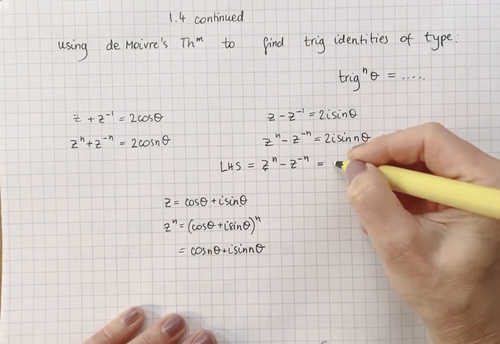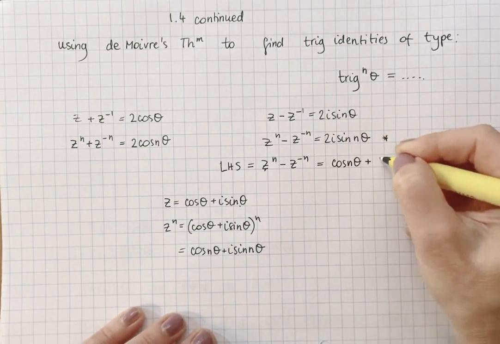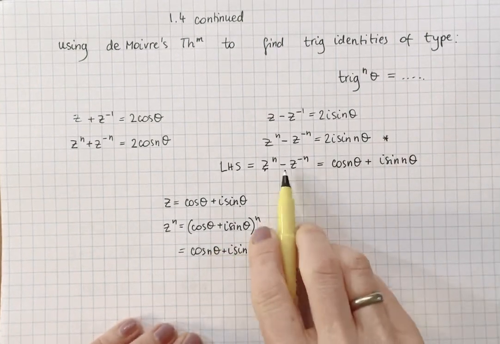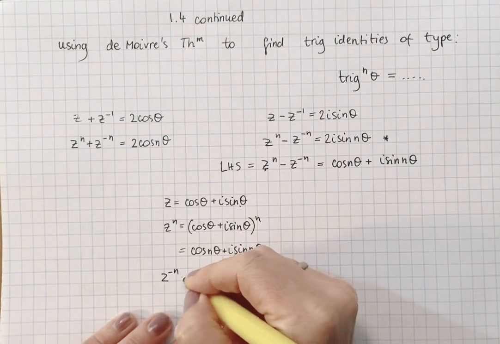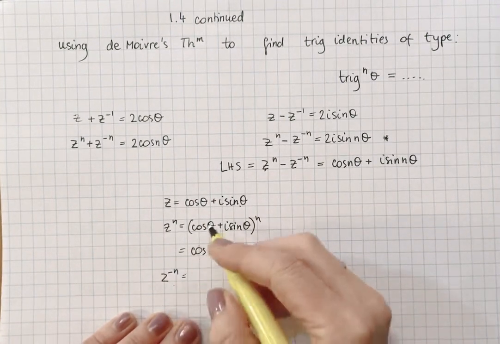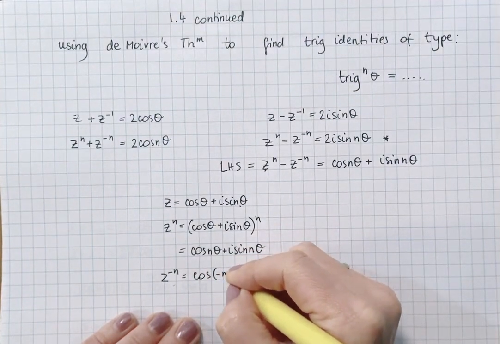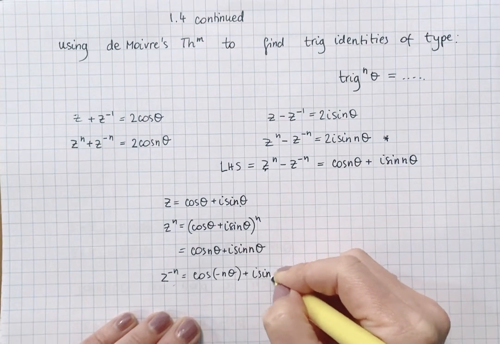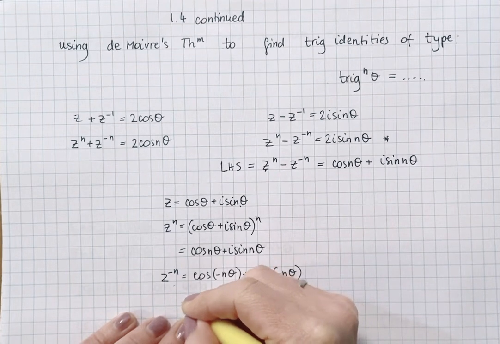Now regarding z to the power of minus n, if you raise it to the power of minus n, we are going to have cos minus n theta plus i sine minus n theta.